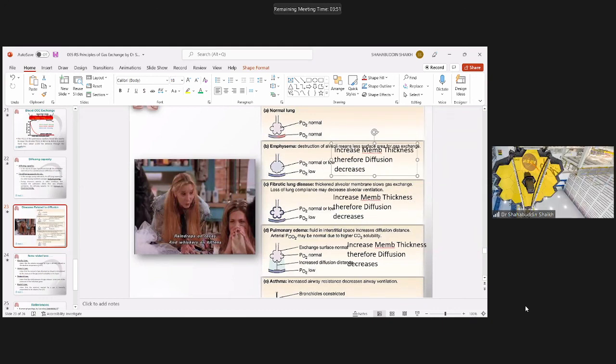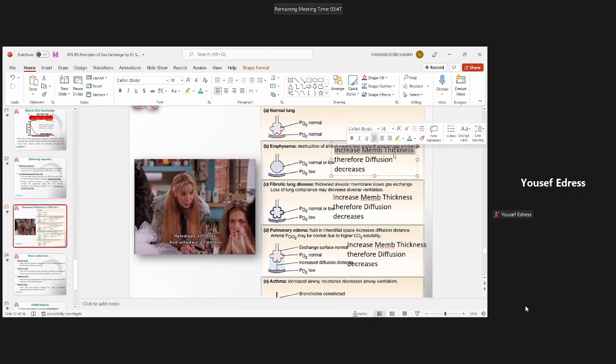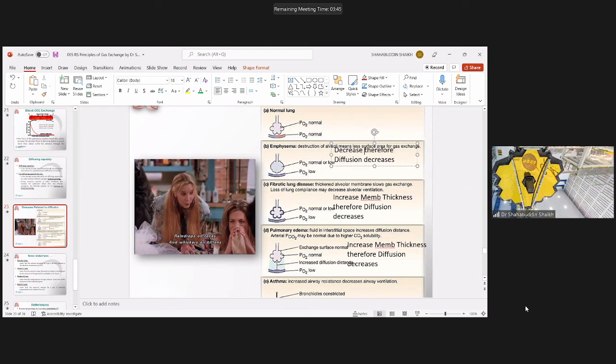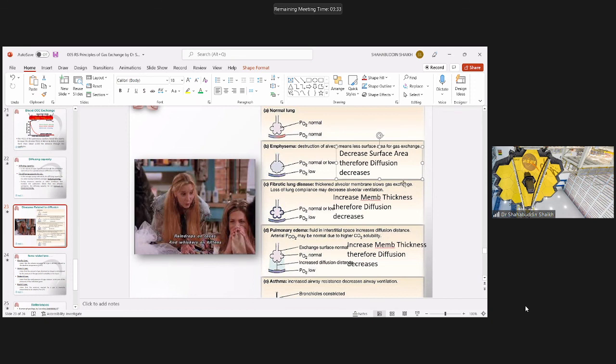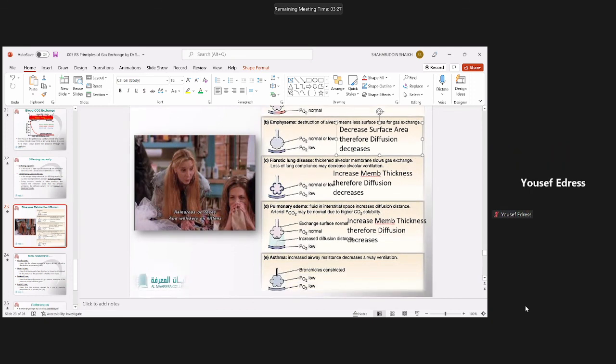What is happening in emphysema? Decreased surface area. Okay, right? And what happens in asthma?